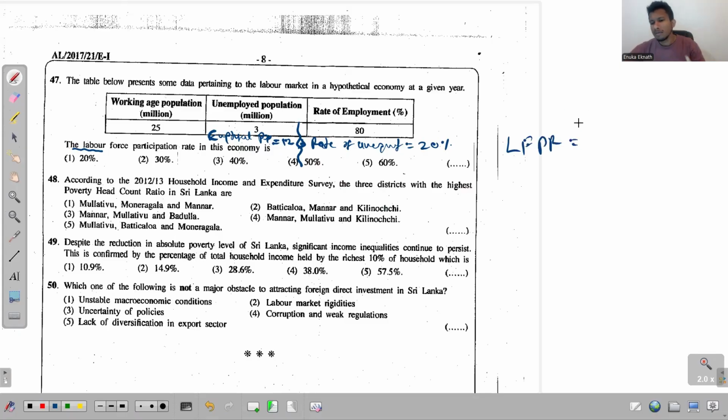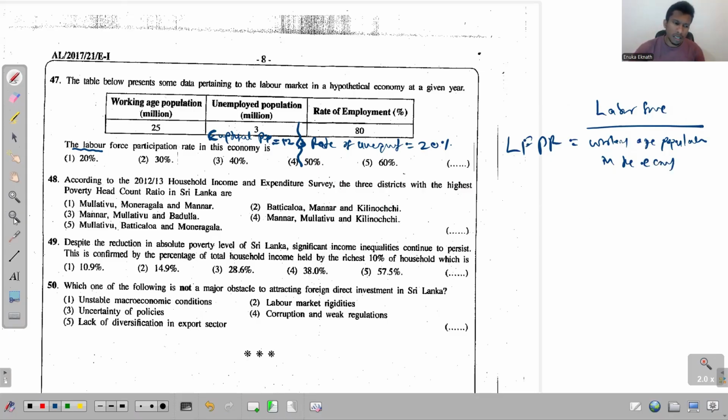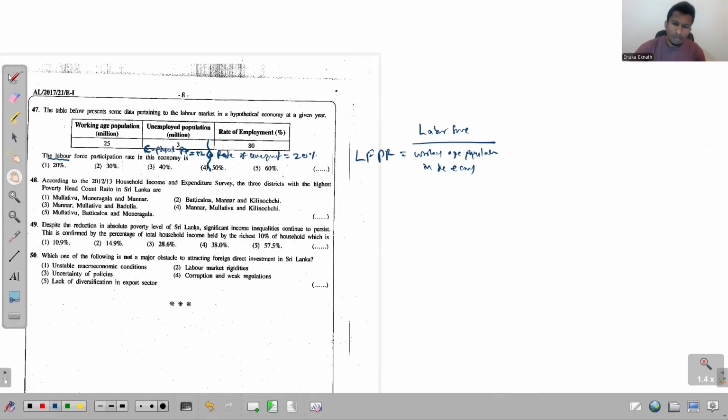That is very simple. We take labor force to the numerator and that is divided by the working age population in the economy, right? What, මම මේක තව චුට්ටක් explain කළොත් එහෙම, this labor force mainly consists of two types of people.